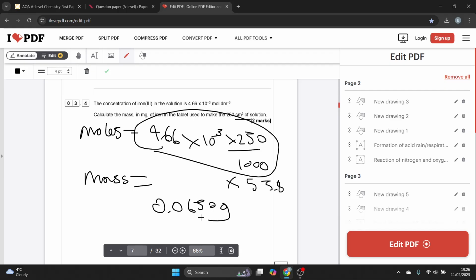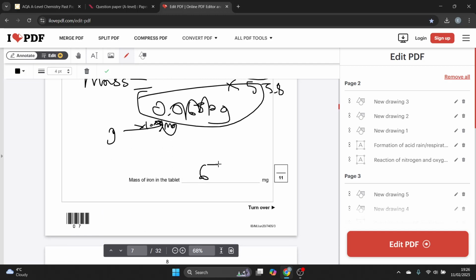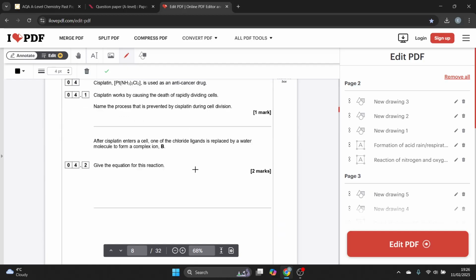But don't fall for it. I was literally about to fall for it, but then I saw the mark scheme. It wants it in milligrams. How do I go from grams to milligrams? Times by 1000. So 65 milligrams.